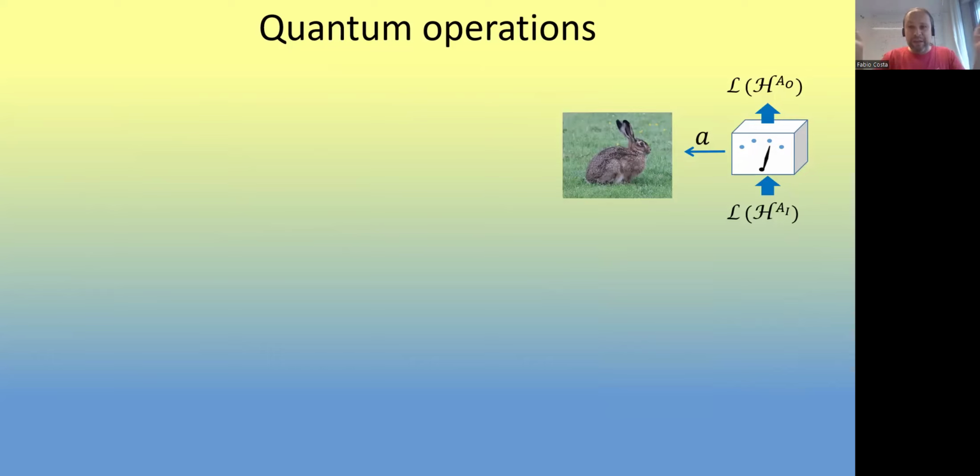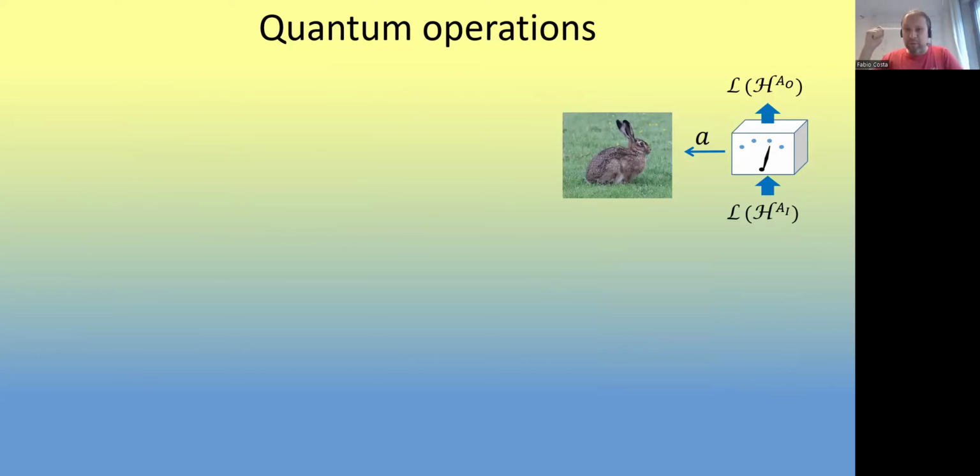So now I will very briefly review the formalism of quantum operations, to remind that what we're interested in is considering a scenario where we can perform multiple operations over time, and we want to model in general how different choices of operation can affect the outcome of our operations. So in general, a quantum operation is described as follows. We have an input Hilbert space, which we call A_I for input, and an output Hilbert space.